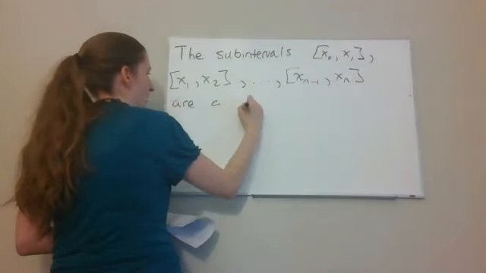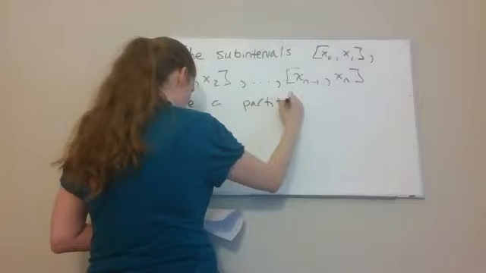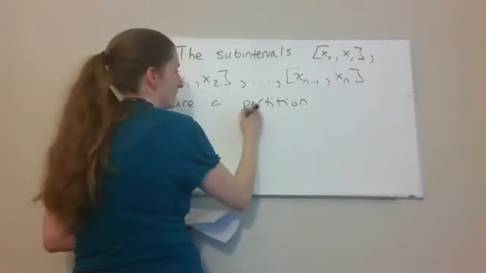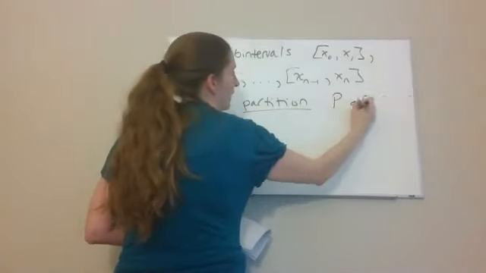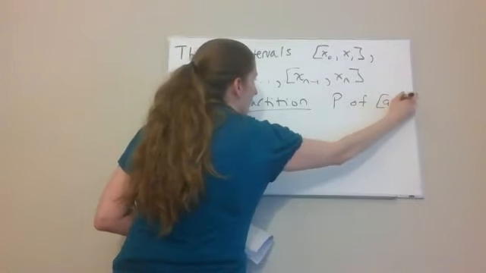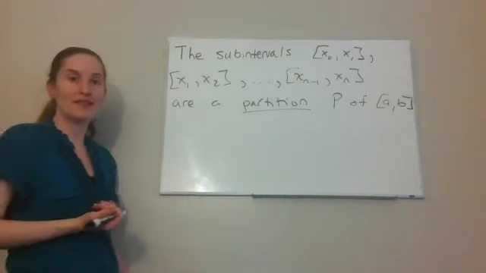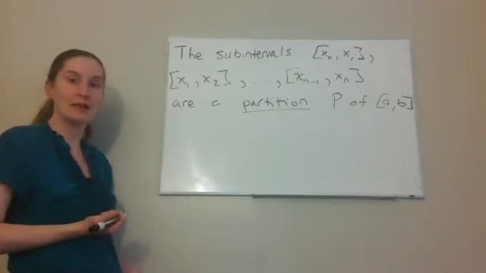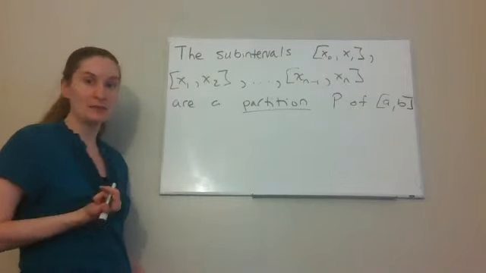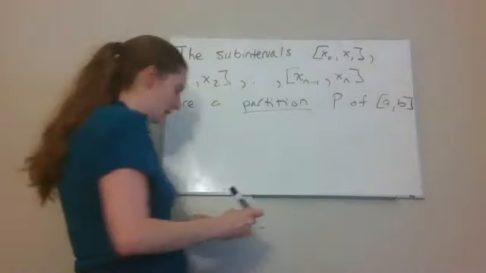They are a partition P of our interval [a, b]. So you have a partition when you just chop the interval up into pieces, but the pieces don't all have to be the same size. They can be, but they don't have to be.